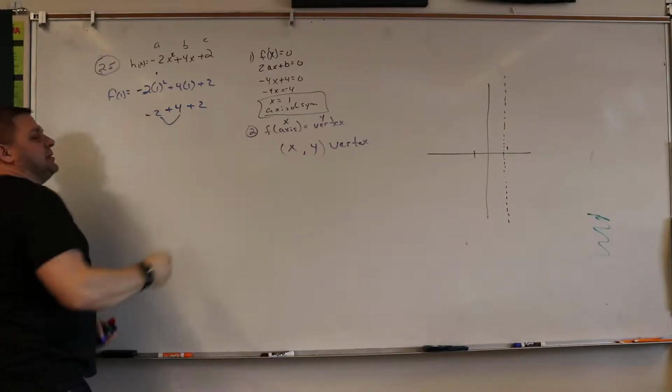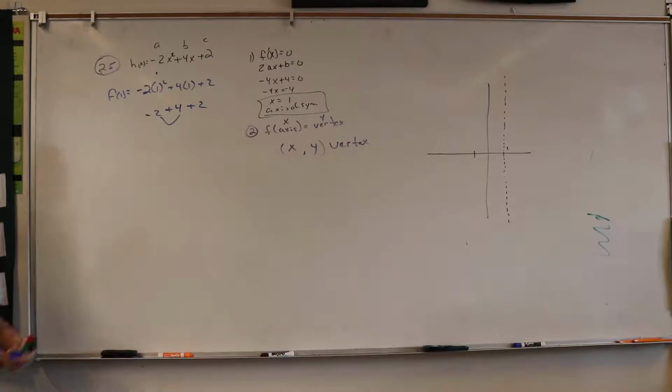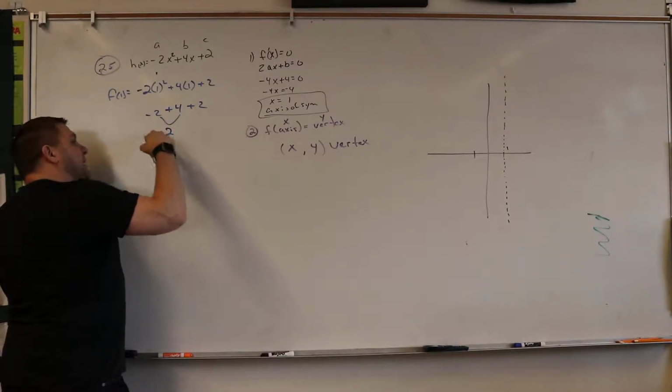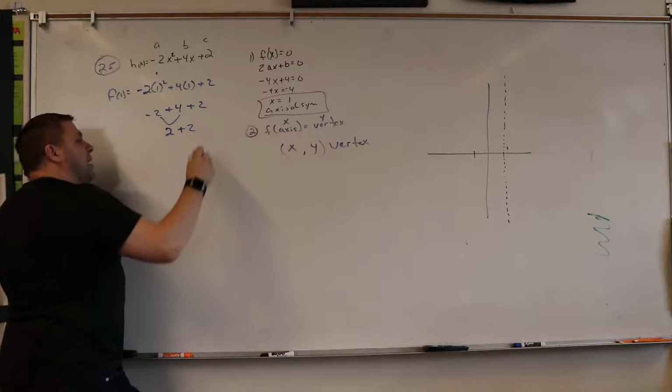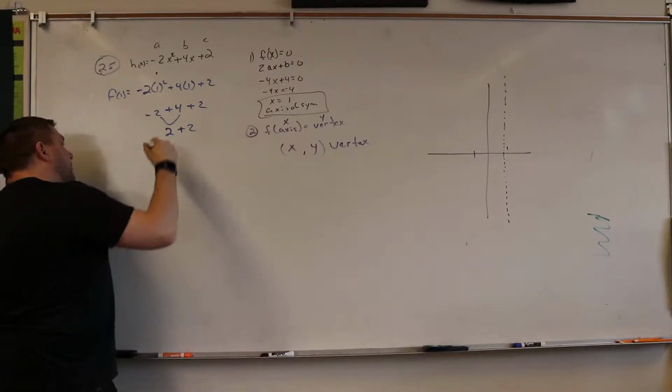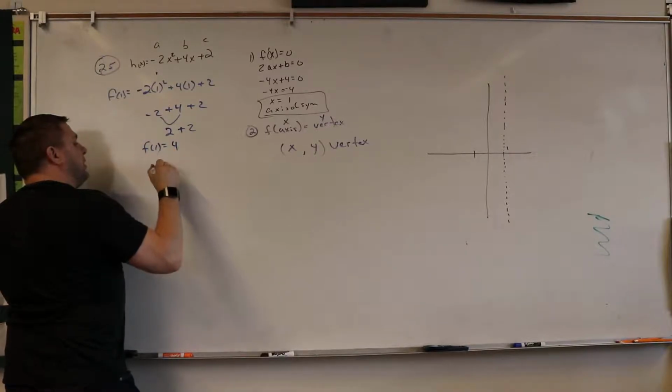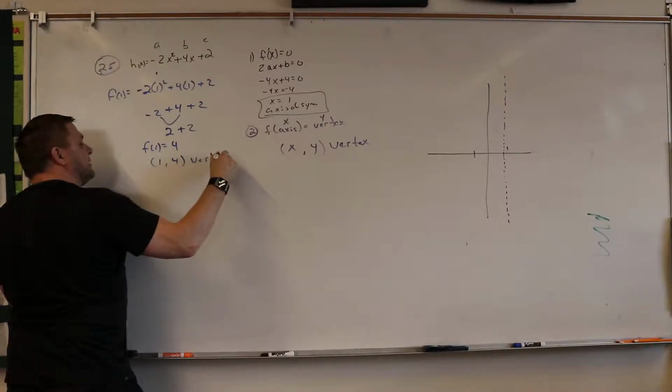These should always be the opposite, and we know we're on the right track. Negative 2 plus 4 is 2. It is the opposite, so we are on the right track. So we get 4. F of 1 is equal to 4. That means 1 and 4 is our vertex.